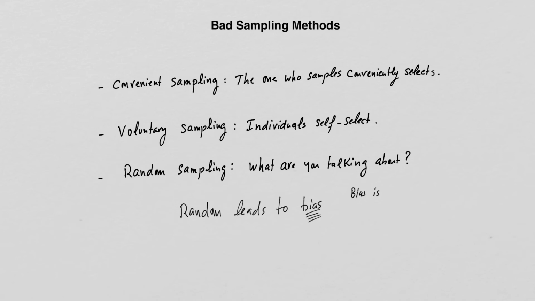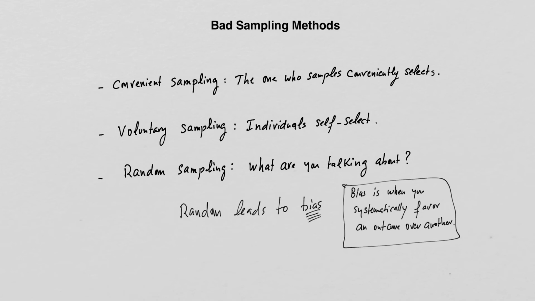Bias is when you systematically favor an outcome over another.